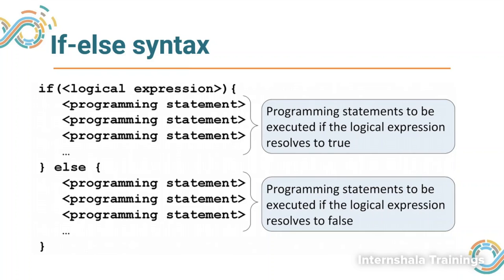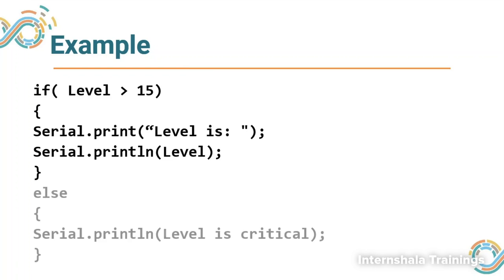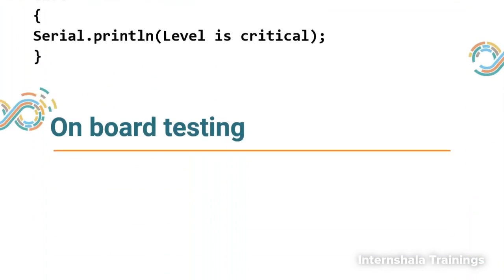This will also remove ambiguities in your coding, and all the states will be properly set in your program. For example, in the same question that we discussed earlier, if level is greater than 15, then you print level is and the value of level, else print the level is critical. Okay, so this is how we use if-else statements.